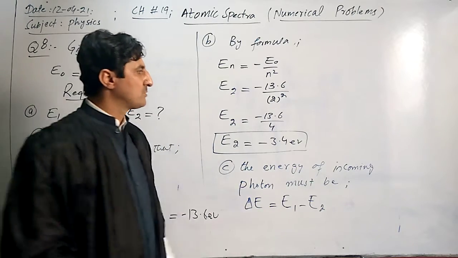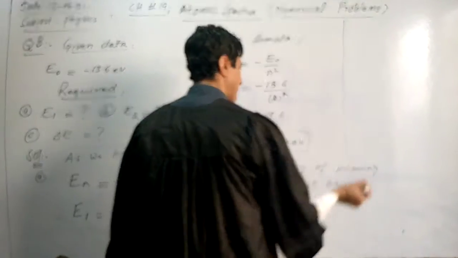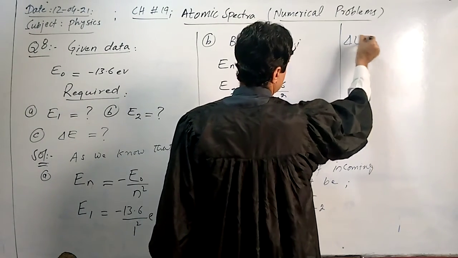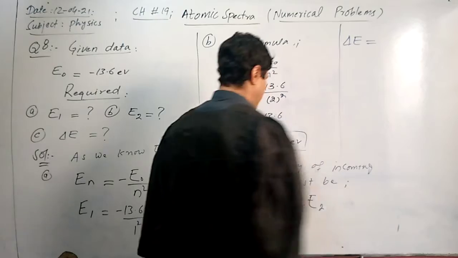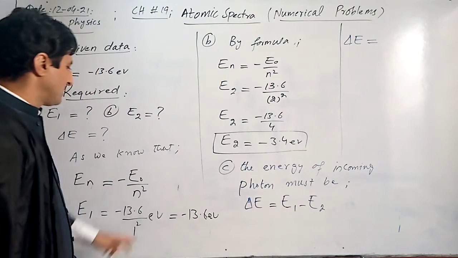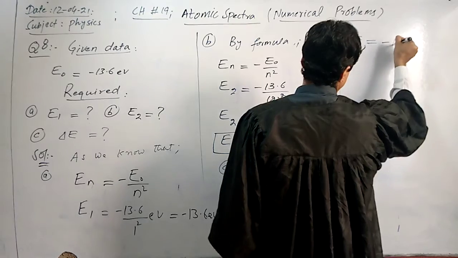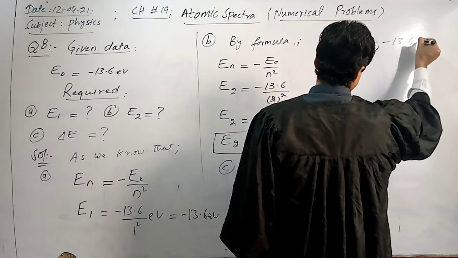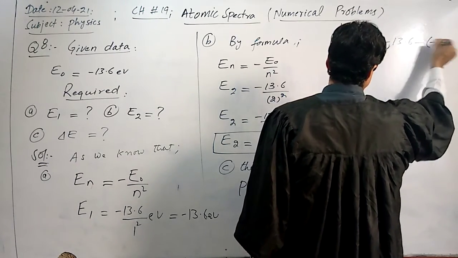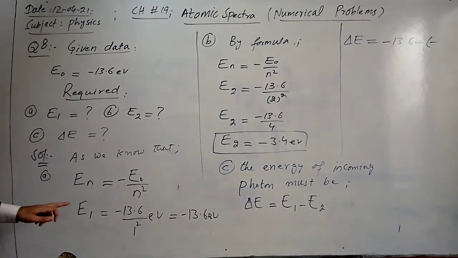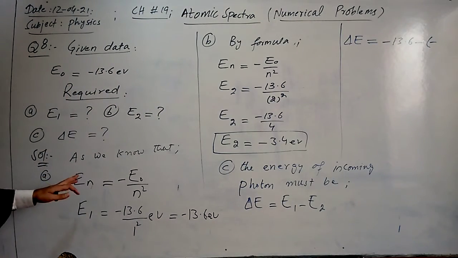Putting the values here, we get delta E is equal to, what is the value of E1 here? Minus 13.6 electron volt, minus E2, which is equal to minus 3.4 electron volt.